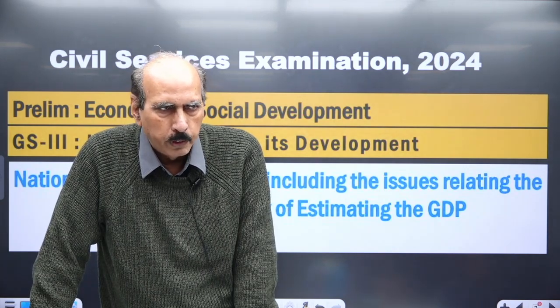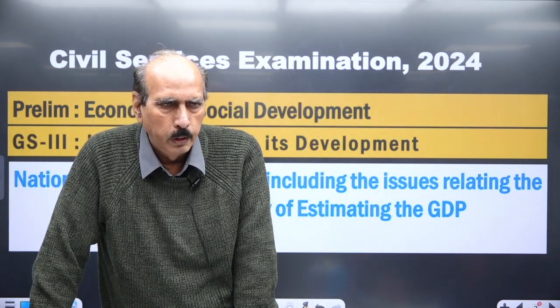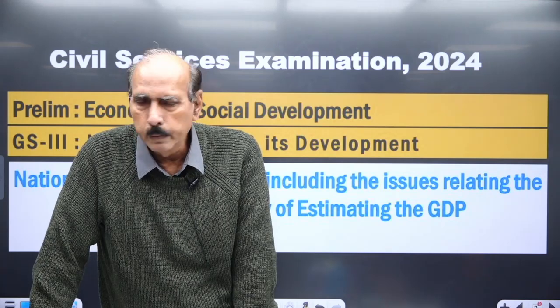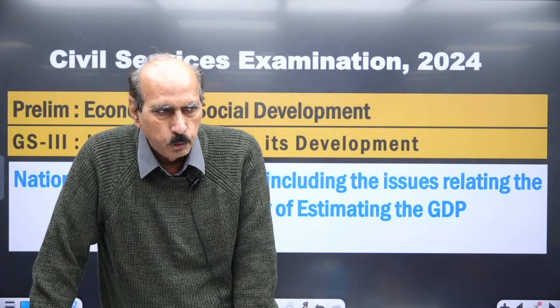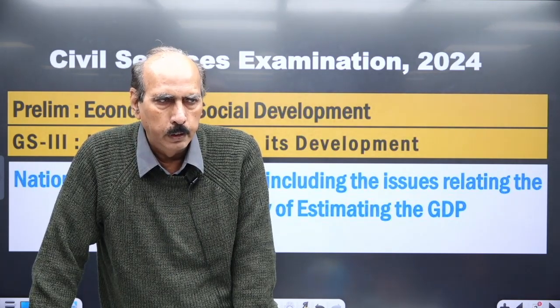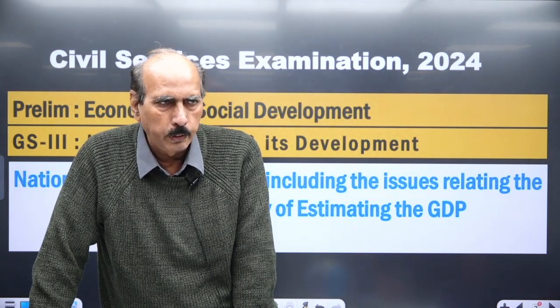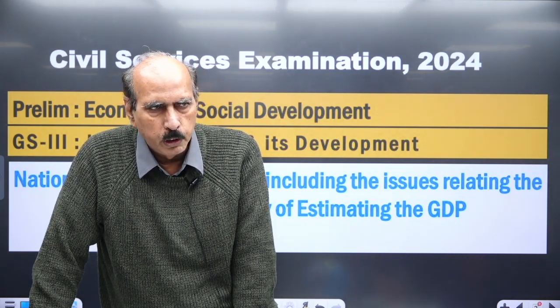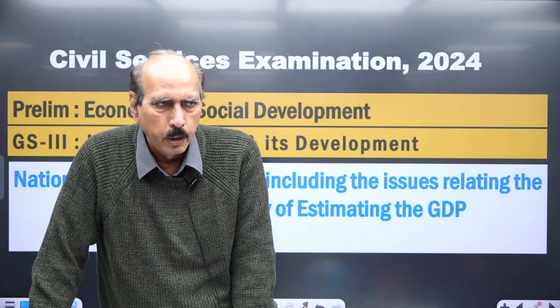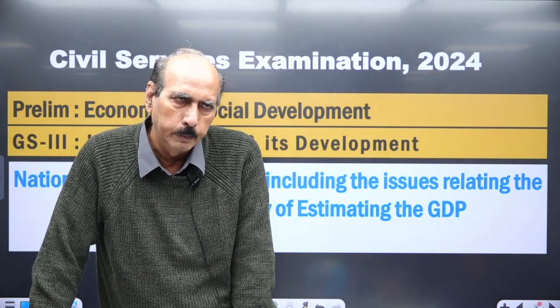In the 1950s, when we started the development process, particularly from the second five-year plan, it was assumed that the government would develop the large industrial projects and the benefits out of these projects will flow down automatically to all the sections of the society.